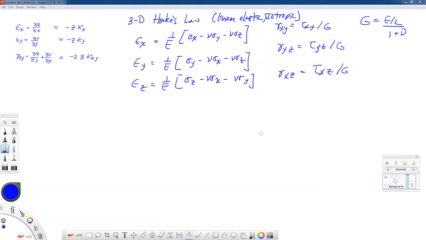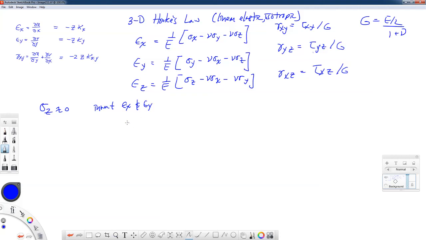Now for our situation, we mentioned that we were going to neglect sigma z. In that case, with sigma z equal to 0, we can invert these epsilon x and epsilon y equations. Again, I've done the algebra for that elsewhere.